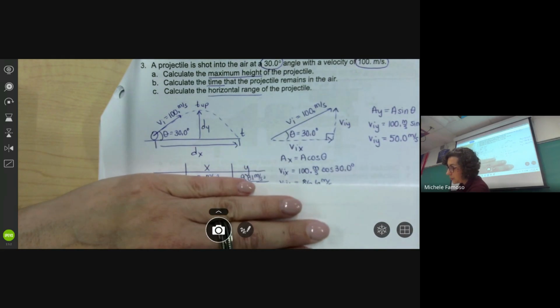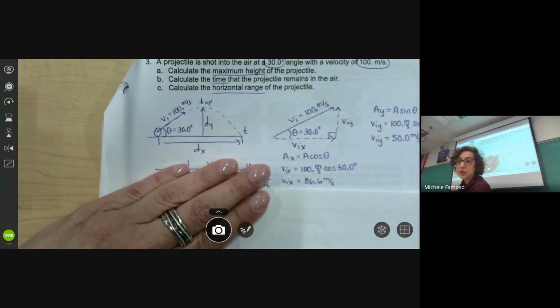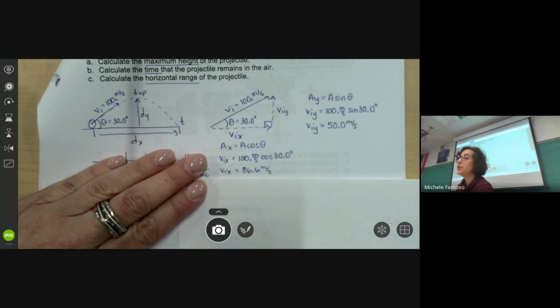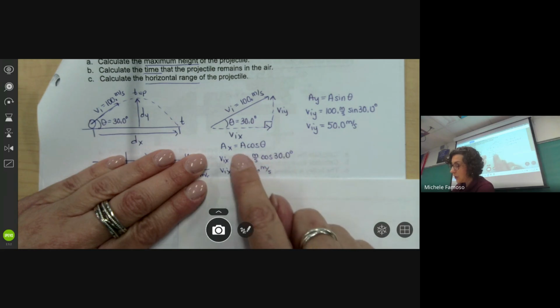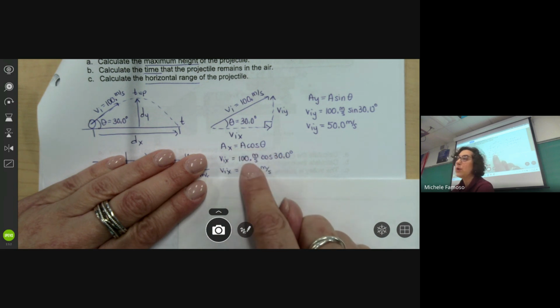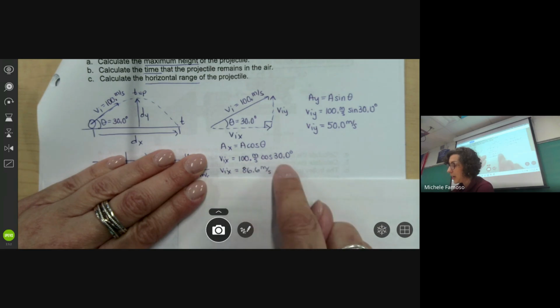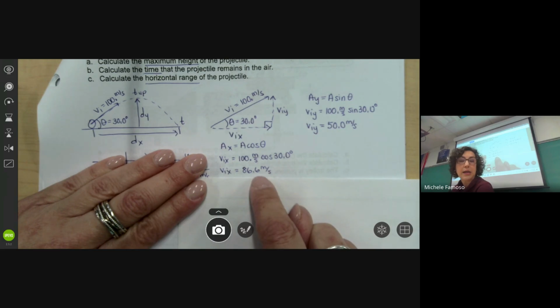Then what you knew you were supposed to do was to resolve that initial velocity into its components in the horizontal and vertical directions. So to get the horizontal component, you should have used Ax is A cosine theta. So that would be 100 meters per second times the cosine of 30.0 degrees, leaving you with 86.6 meters per second.